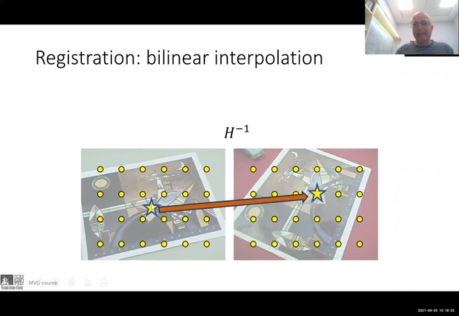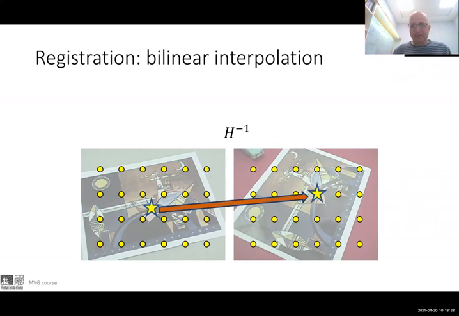Then we apply H and put back the color that we computed here on the new copy of the left image after homography. That would be the registered left image on the right image. Is this clear?